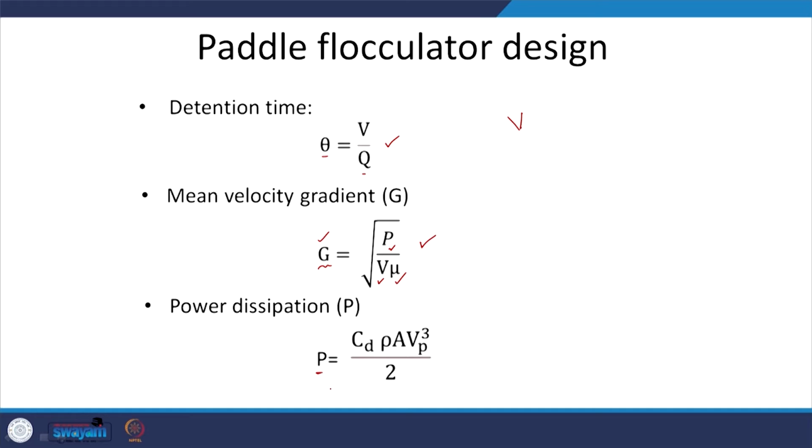This P is nothing but force into velocity, the velocity of that particular blade. From here I can calculate the cross-sectional area and go ahead with it.